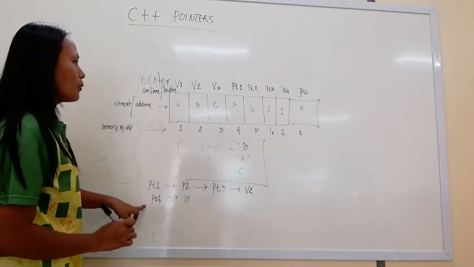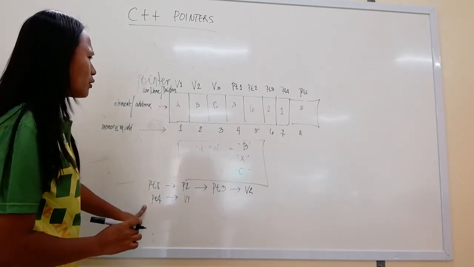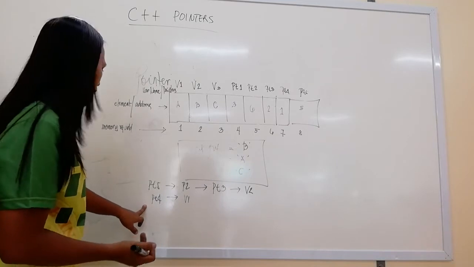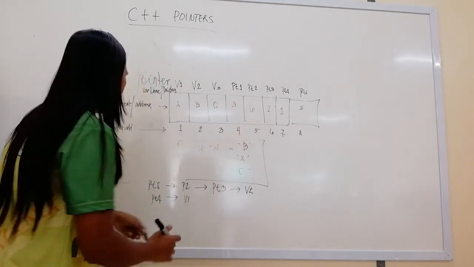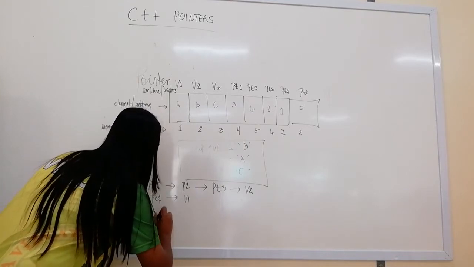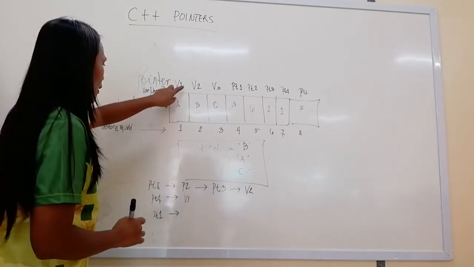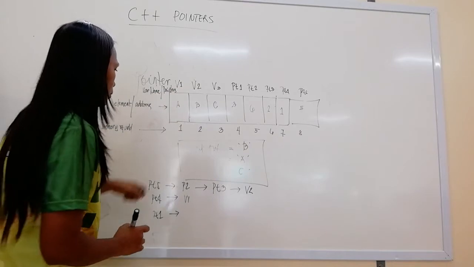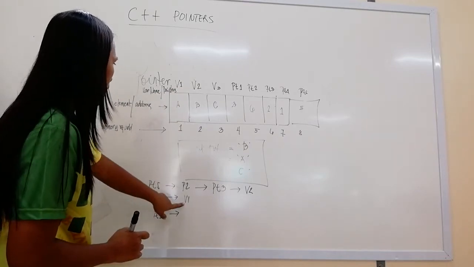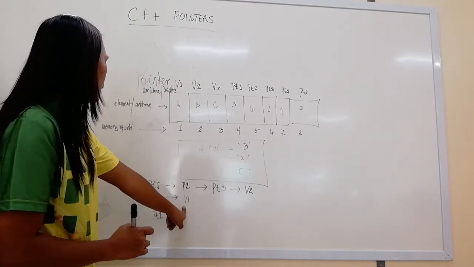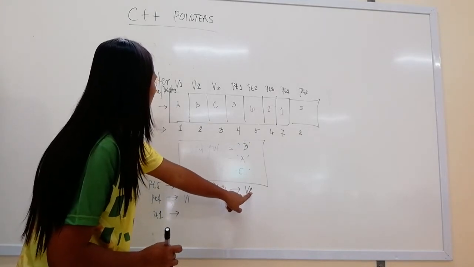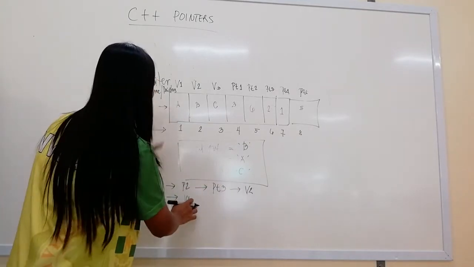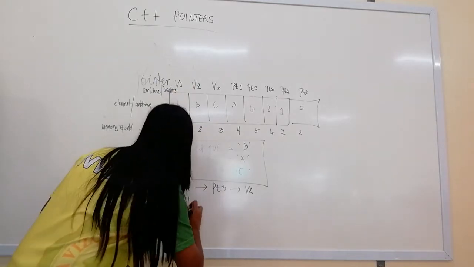And the last one is pointer 1, pointing to variable 3. So the outputs are B, A, then V3.